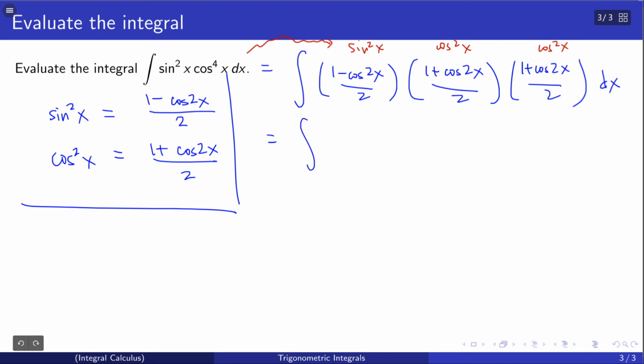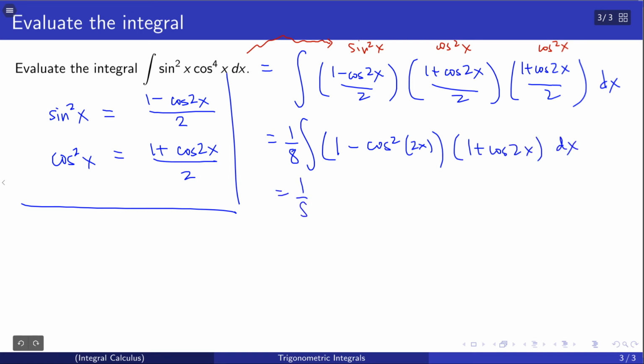I'll isolate the 8 first from the denominators. And if I multiply the first two terms, that's just a minus b times a plus b. So this becomes 1 squared, which is 1, minus cosine squared 2x. And on the right I have 1 plus cosine 2x still there.